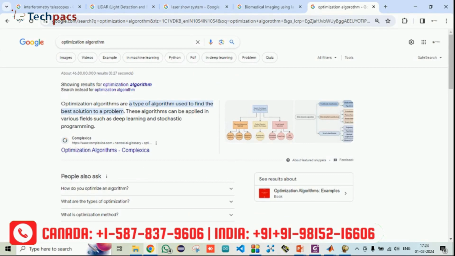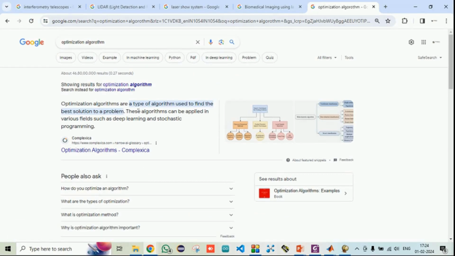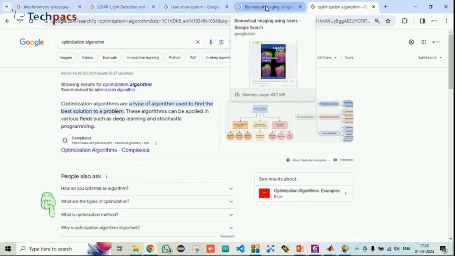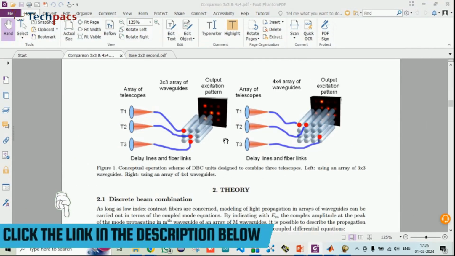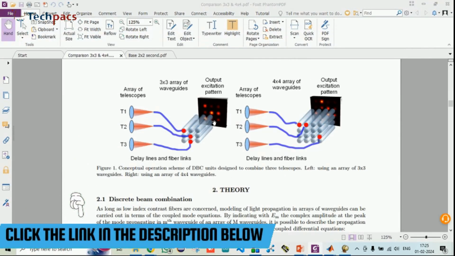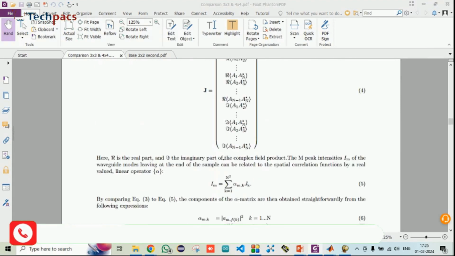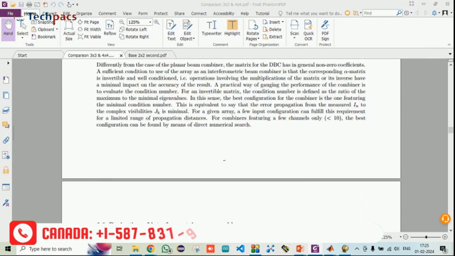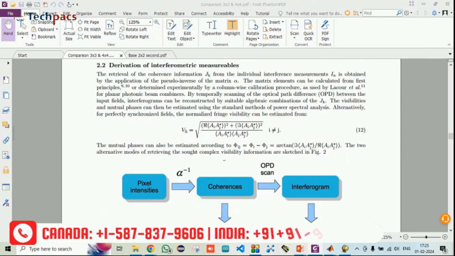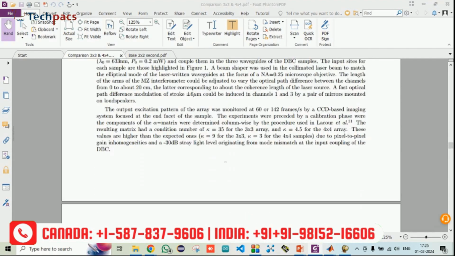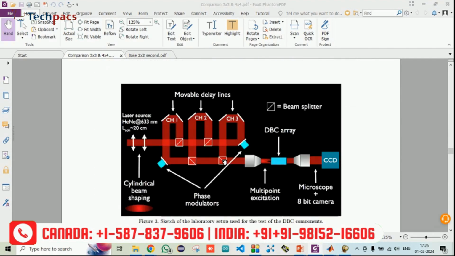Those help us find the best solution in order to achieve the fittest value, the fitness. Here the fitness is to get the highest output, the visibility at the patterns and the intensity at the pattern. So those are basically the objective function. To achieve the objective function, we have the optimization algorithm. So we have introduced the concept of doing the manual part through the optimization algorithm.